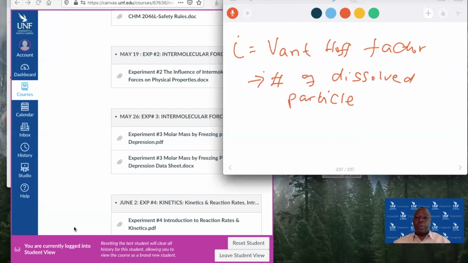It will call for classifying the solute as either an electrolyte or a non-electrolyte. Electrolytes ionize, they dissociate in H2O or in the solvent to give out particles. For example, sodium chloride, NaCl: you should be able to see where the cation is and where the anion is. i for this is two particles.